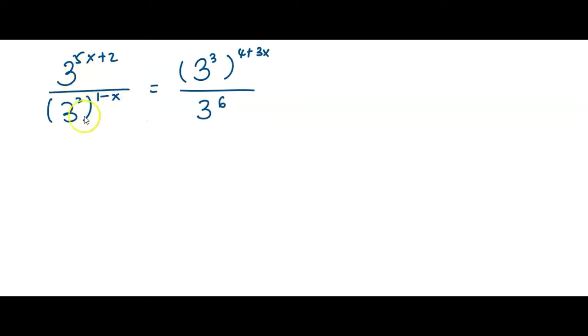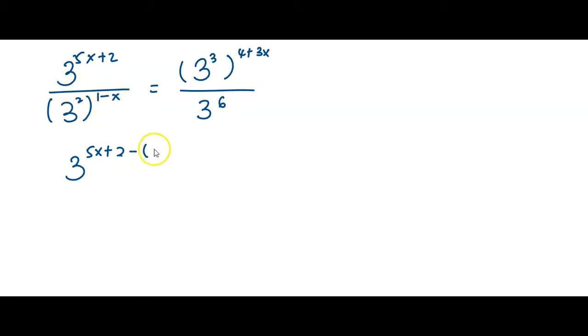Now we can combine these two by taking the 5x plus 2 minus the power at the denominator over here. So this will become 3 power of 5x plus 2 minus, this is producing 2 minus 2x.